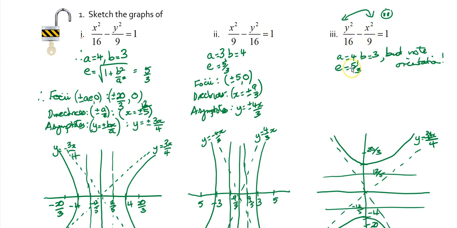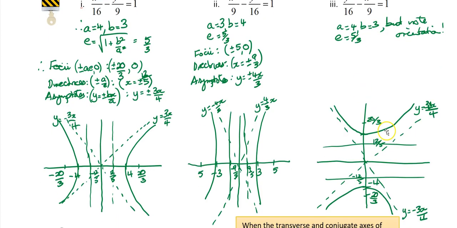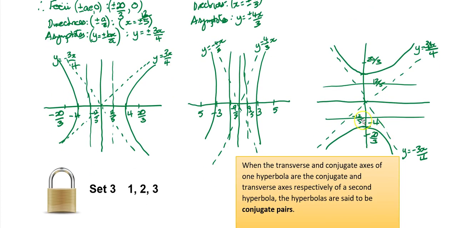B is under this, away we go, but when we go to calculate the vertices and the directrices and the foci, then we're going to have to be calculating values on the y-axis. And the equations of the directrices would be y equals something rather than x equals something.